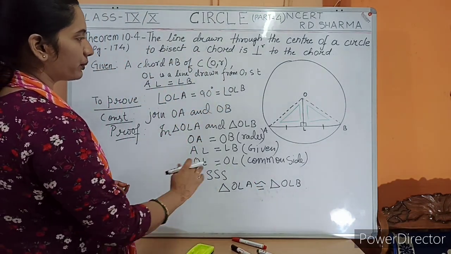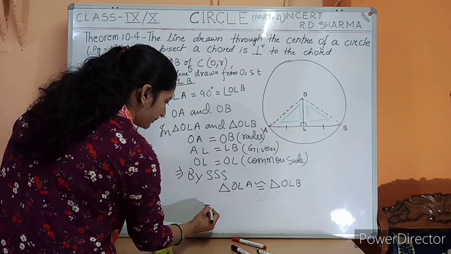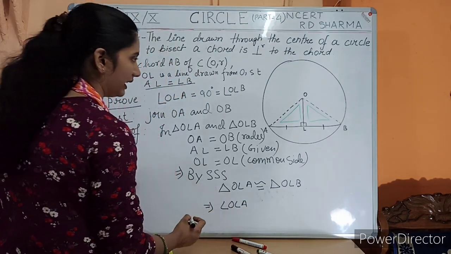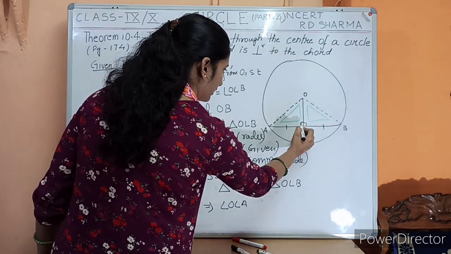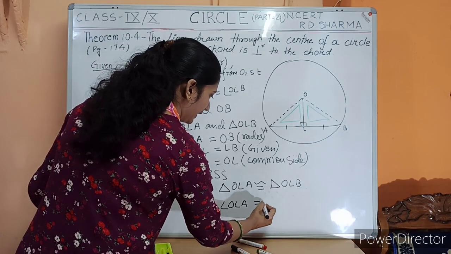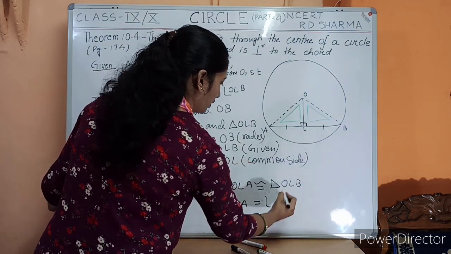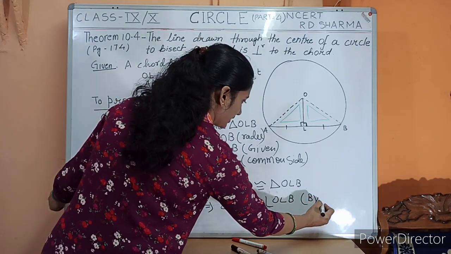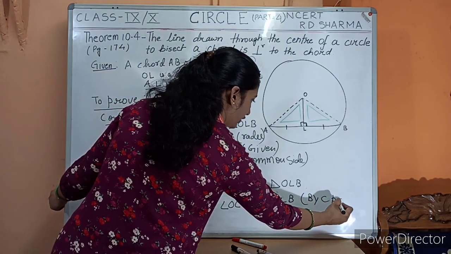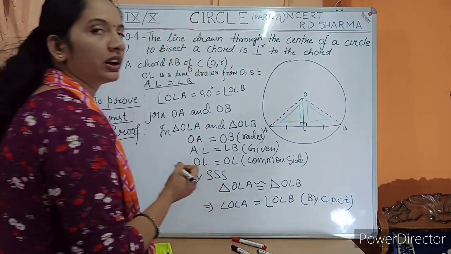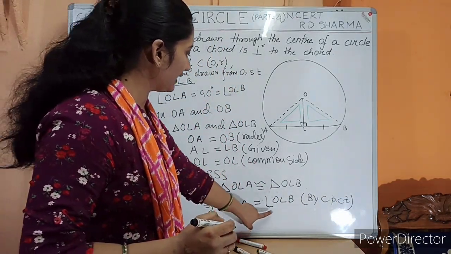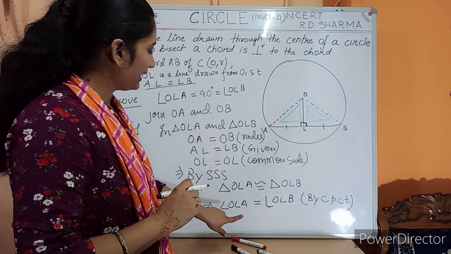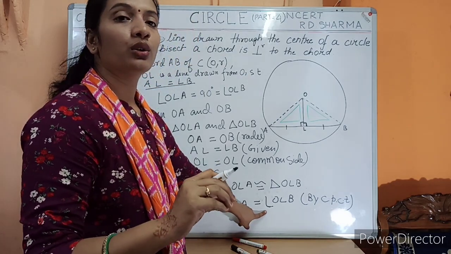Now, after proving this, can we write here angle OLA? OLA कौन सा angle है? This angle must be equal to this one, OLB, by CPCT, means corresponding parts of congruent triangles. So these two angles must be equal. Now we need to prove that they are equal to 90 degrees.